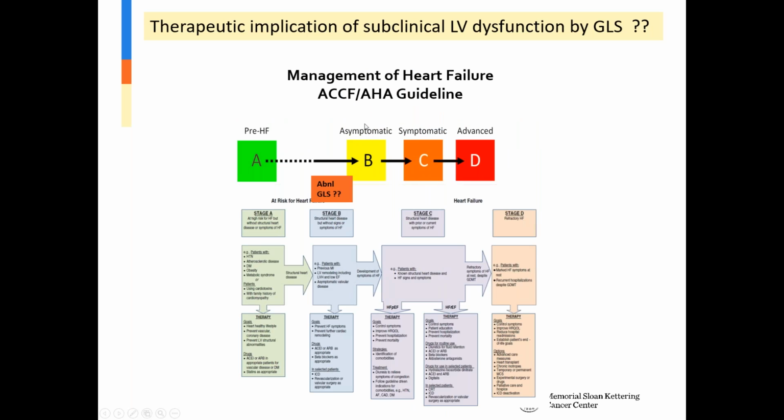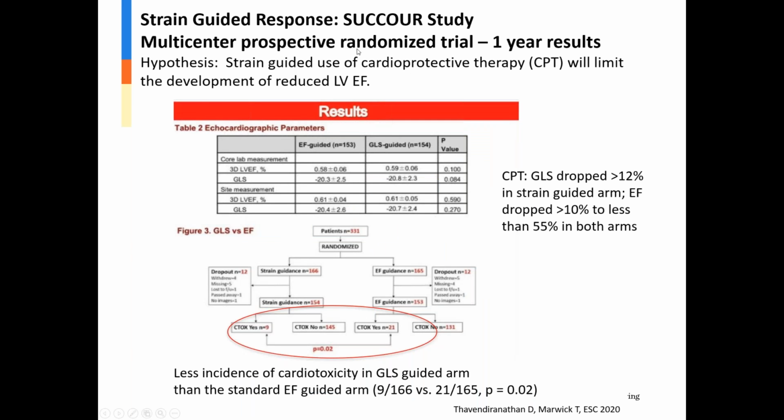But what are the therapeutic implications of subclinical LV dysfunction by GLS? That is, can we consider abnormal GLS as stage B heart failure, warranting heart failure treatment? And this was the central question of the SEQUOIA study, a multi-center prospective randomized trial testing the hypothesis of whether strain-guided use of cardioprotective therapy will limit the development of reduced left ventricular ejection fraction.